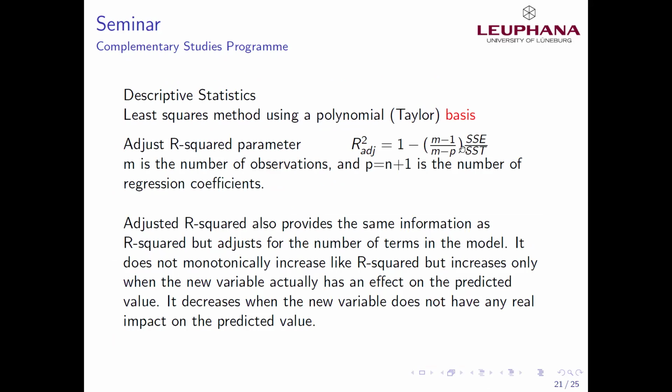Because p will tend to m. This means we could find a region in which the problem, or the function to be optimized, is convex. Because now it's not clear what happens, because as SSE decreases, the numerator decreases, but the denominator decreases too.